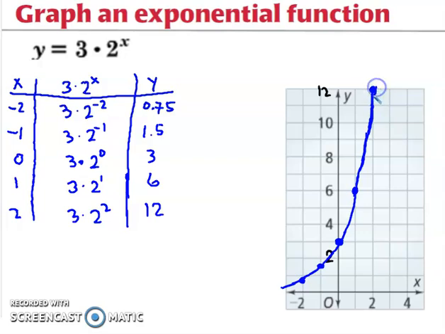So that continues on, so we'll just put an arrow. Over here, it's going to somewhat flatten, approaching 0. Okay, so there it is. The graph of y equals 3 times 2 to the x.